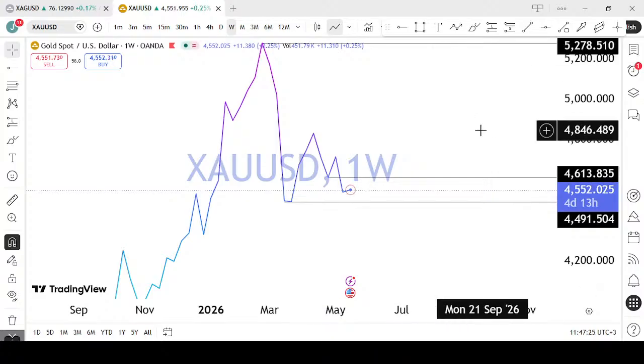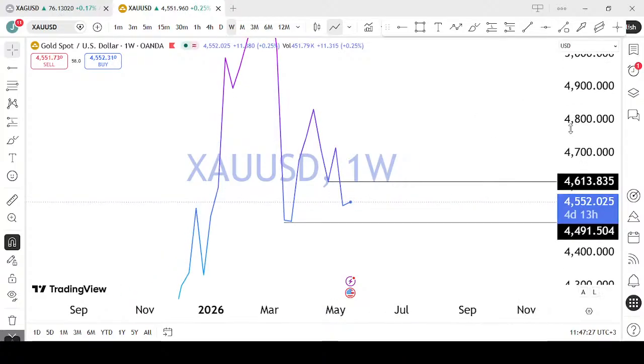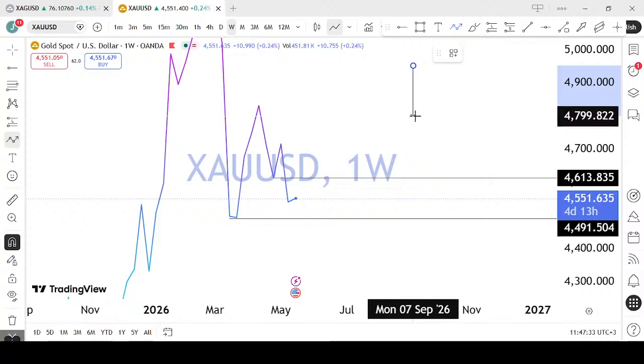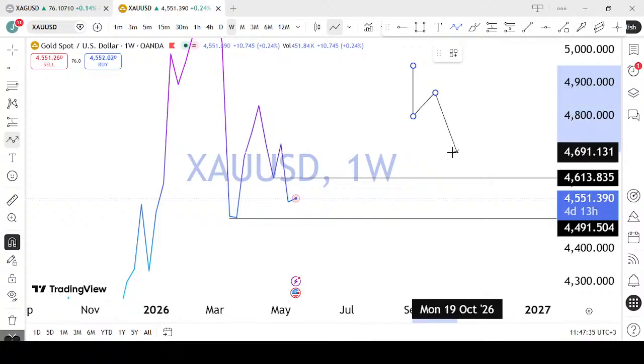As we know, if the market is trending in a downtrend move, there are two movements that the market always creates, and it's all about impulsive and retracement.